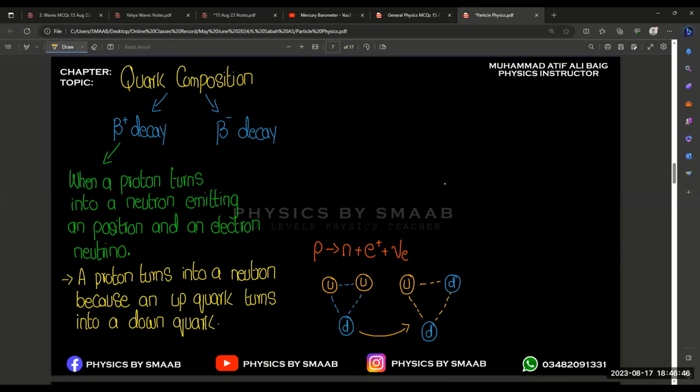And if we talk about beta negative decay, we have to follow the same process with different specifications.